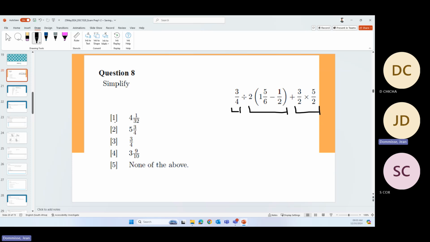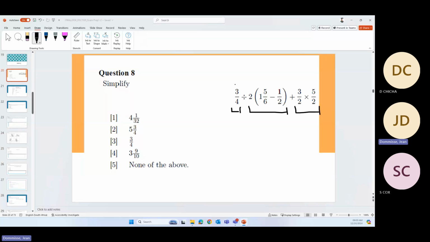Sometimes they want you to get the final answer. What is also important is to look at these final answers and see where it's heading. So one has a fraction of 32, 2 have fractions of 4, and 1 has a fraction of 10. So it might be that somewhere there's something that you need to subtract that makes it negative or not. So let's go through this.